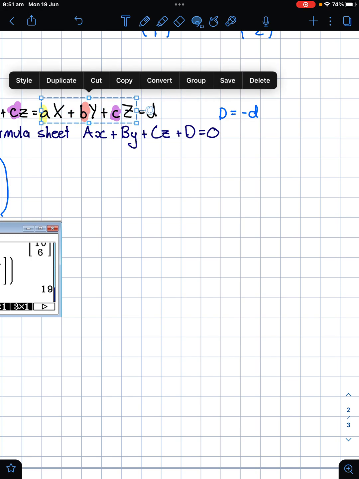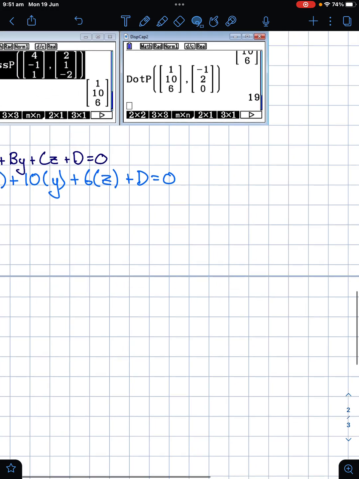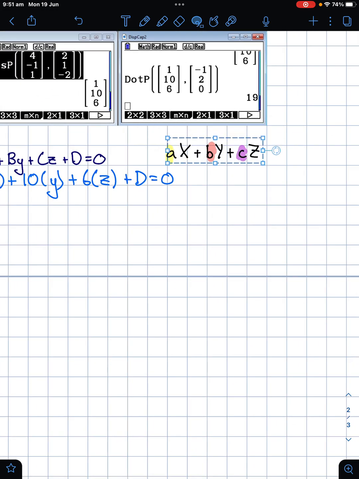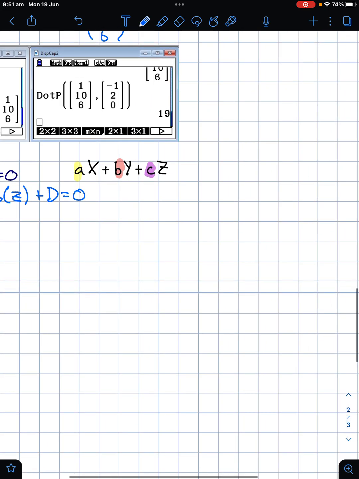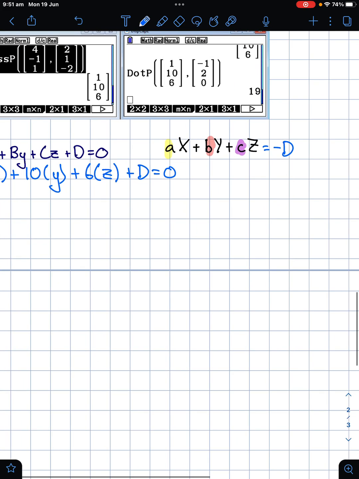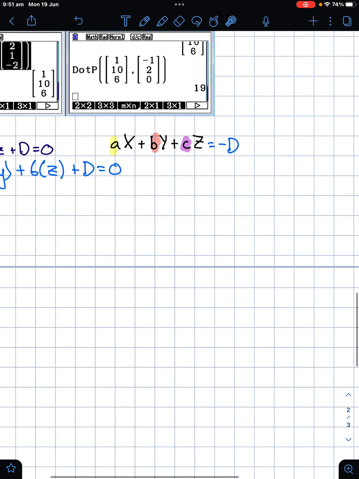So I'm going to copy that down and paste it here, because if you remember, this bit is going to equal negative capital D. I've made this a bit simpler for myself, but I'll do it by hand here.